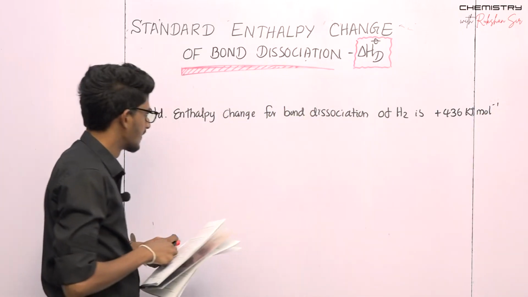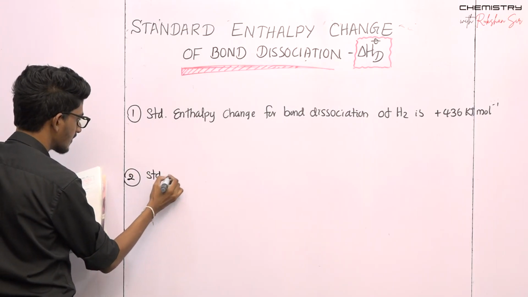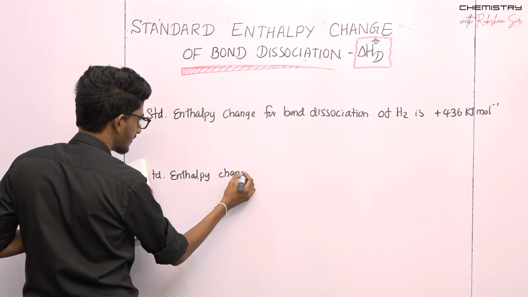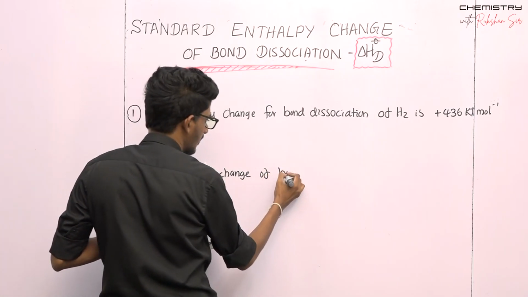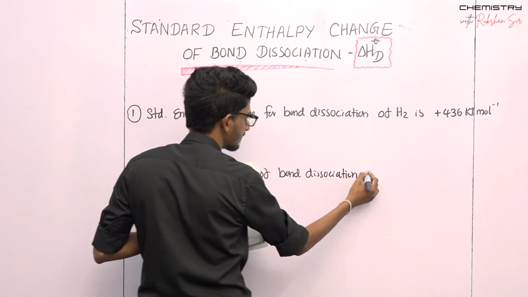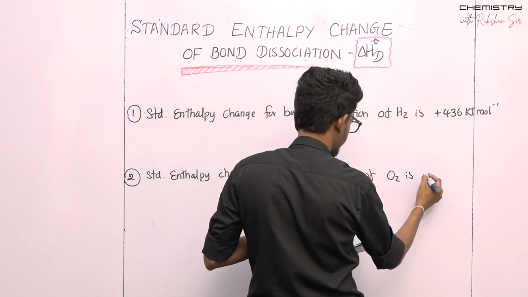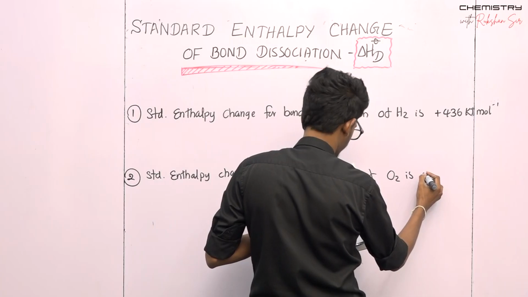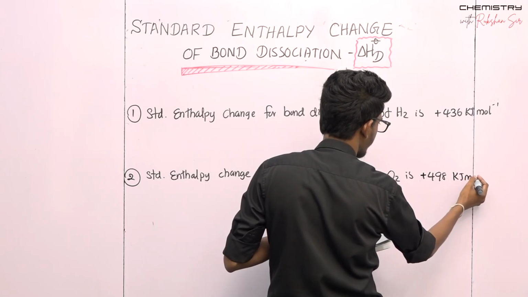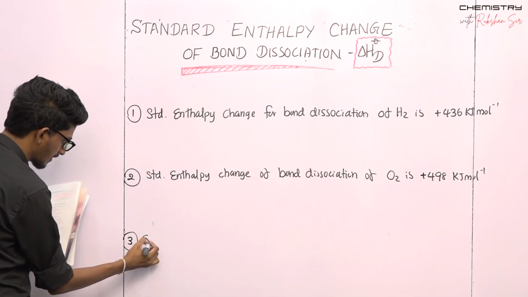The second example: the standard enthalpy change of bond dissociation of O2 is given as plus 498. Let's write the whole thing down, and after that we'll discuss.